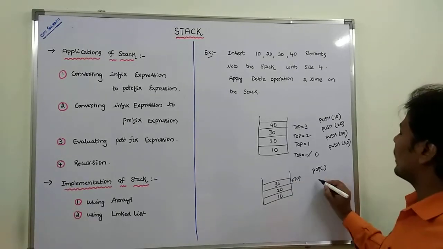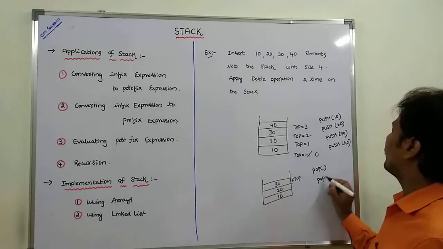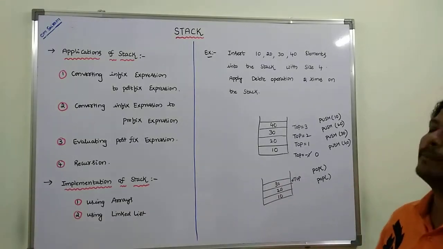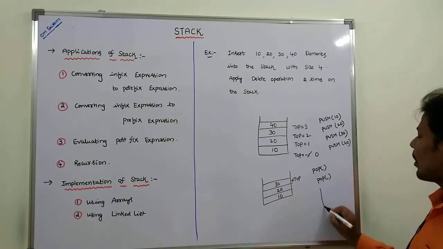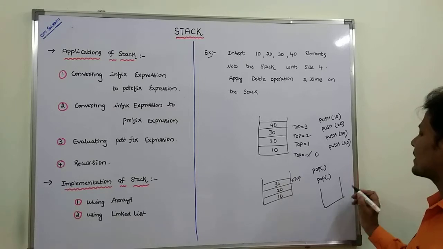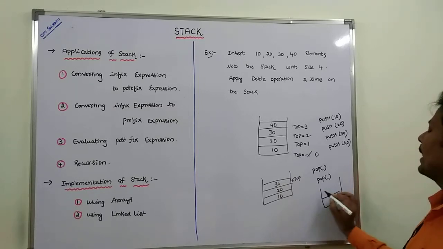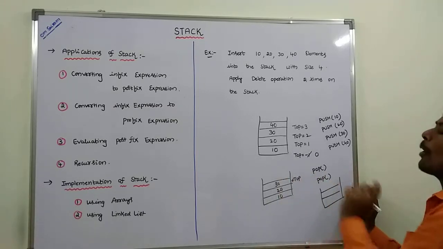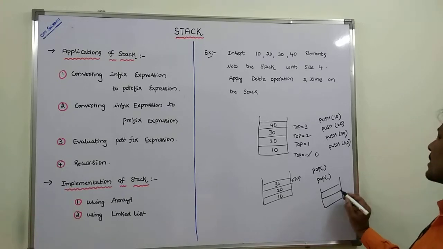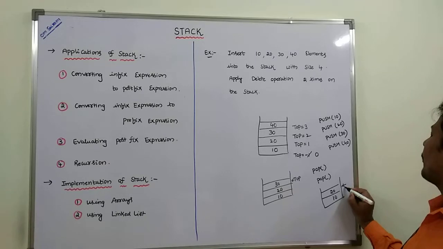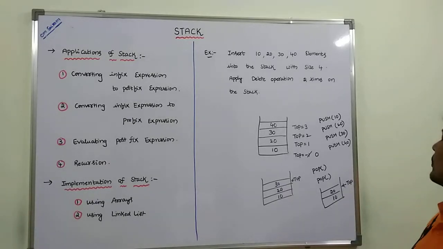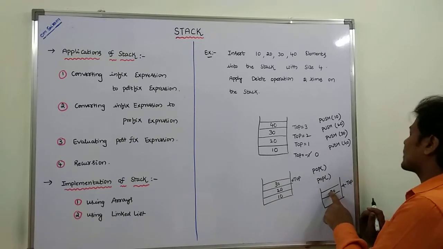Again we are performing the pop function a second time. After performing the pop operation the second time, the element 30 at the top is removed from the stack. Now we have 20, 10, and top points to element 20, which is at the top of the stack.